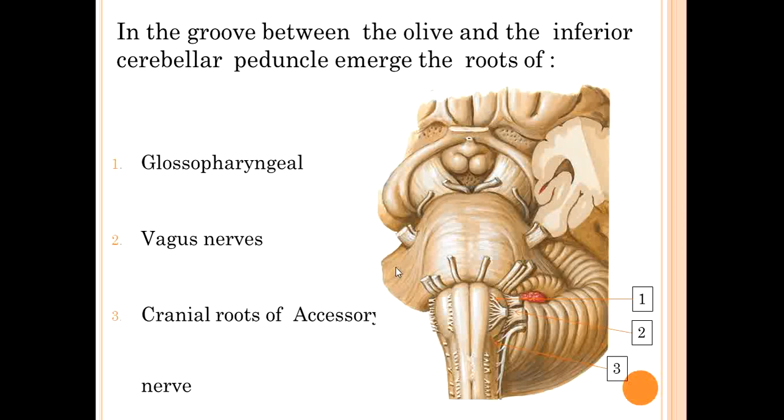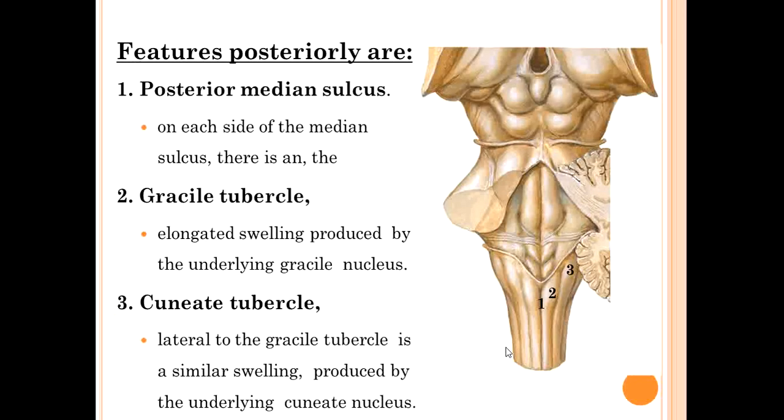Okay, so these are the 3 nerves. I have already told you that between the pyramid and the olive is the 12th cranial nerve, the hypoglossal nerve, and behind that, between the olive and the inferior cerebellar peduncle, are 3 cranial nerves: 9th, then 10th, and the cranial part of the accessory nerve, that is the 11th cranial nerve.